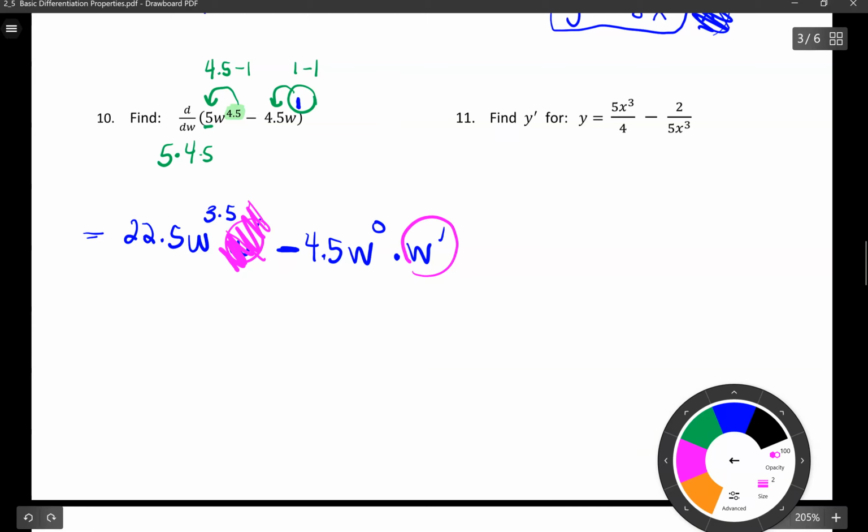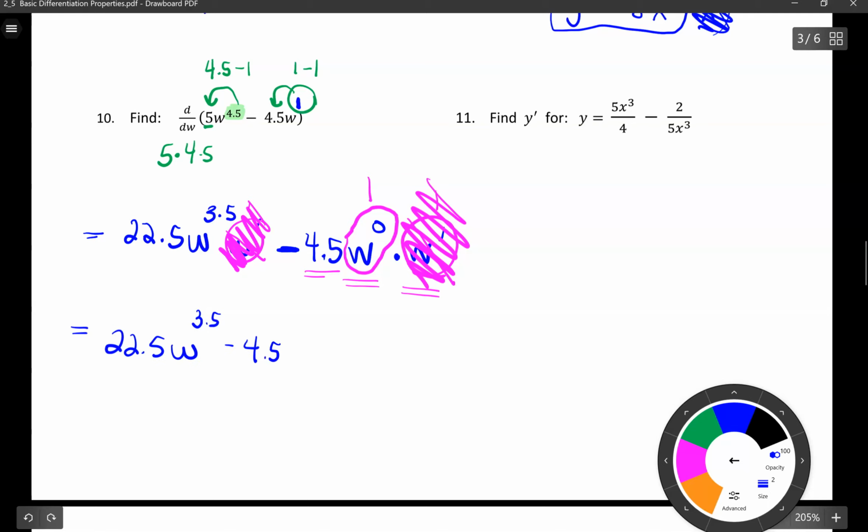Well, the derivative of a plain variable is just 1, so I don't need to write that. W to the 0 power, any non-zero base to the 0 power is just 1. 4.5 times 1 times 1 is just 4.5. So hopefully you got 22.5 w to the 3.5 minus 4.5, nothing else written there because it's technically times 1, which we don't need.